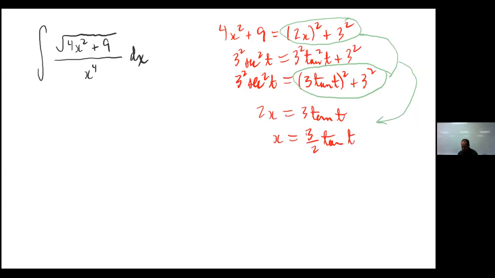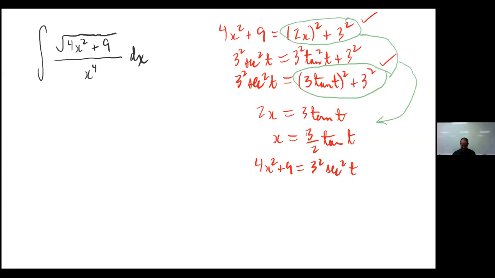oh, and by the way, these guys are equal, right? The 2x squared plus 3 squared, this guy right here and this guy right here are equal to each other, correct? So what does that tell us is true about 4x squared plus 9? Right, by design, 4x squared plus 9 is equal to 3 squared secant squared of t.